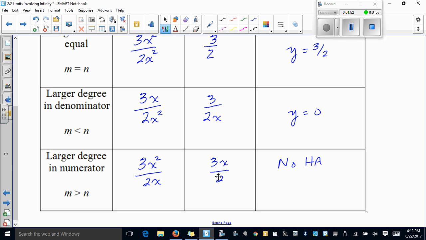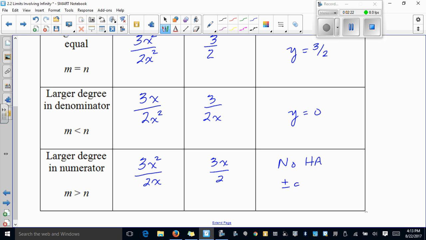So instead you're going to have an oblique asymptote. Now, we'll talk about those later. But the question still is, what happens? What happens here is that when the power is larger on top, your limits are going to go off to infinity, one direction or the other. And again, we'll look at another problem here in a few minutes.